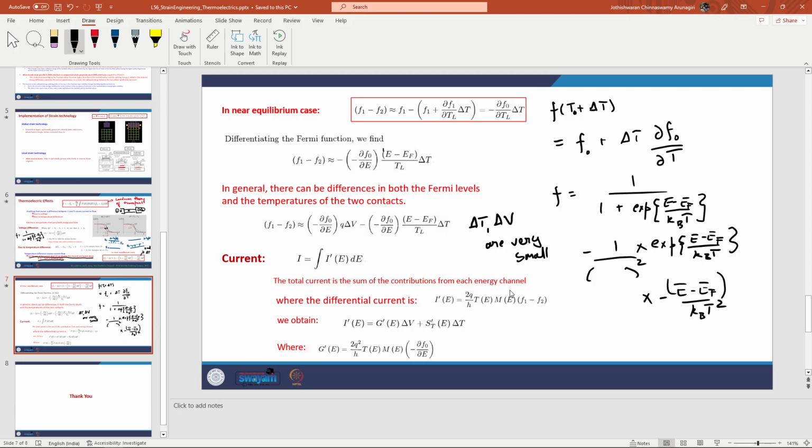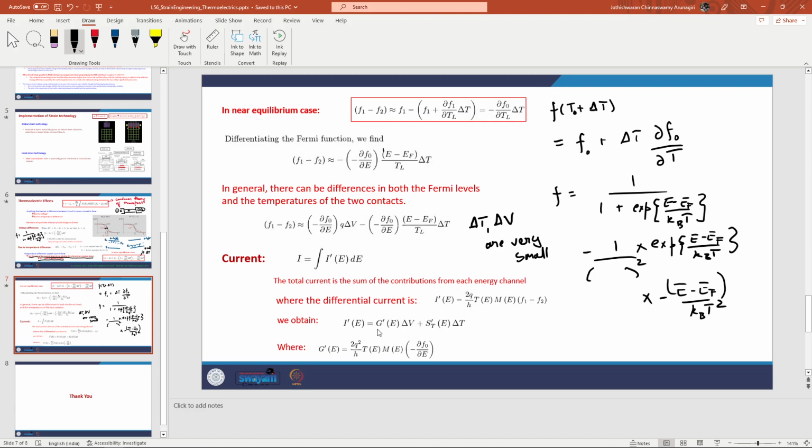So because of this, what we will have are, now again, in our low bias derivation for the Landauer, like the ballistic channel, we were able to derive the conductance of a ballistic channel.